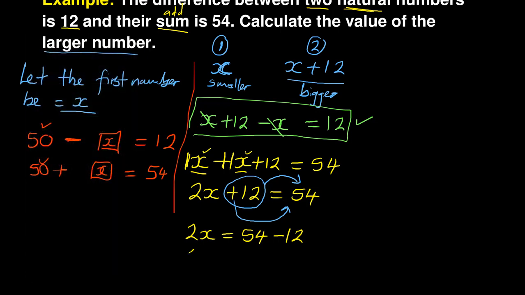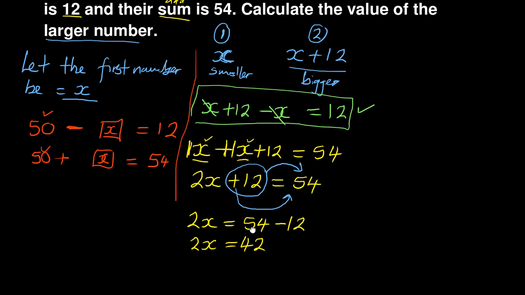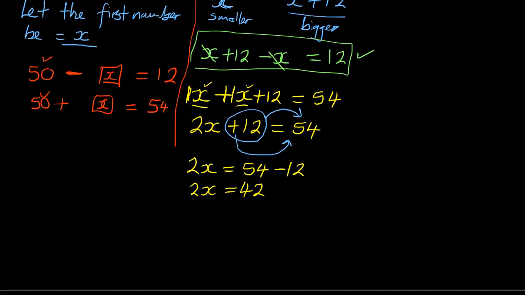So you have got 2x is equal to 42. Now at this stage, how do you find the answer? If you have got 2x is equal to 42, what you must remember, 2 and x are separated with a multiplication sign. It's 2 times x, and the only way to separate 2 and x if they're multiplying, remember, the opposite of multiplication is to divide, and what you do on the left, you do on the right.